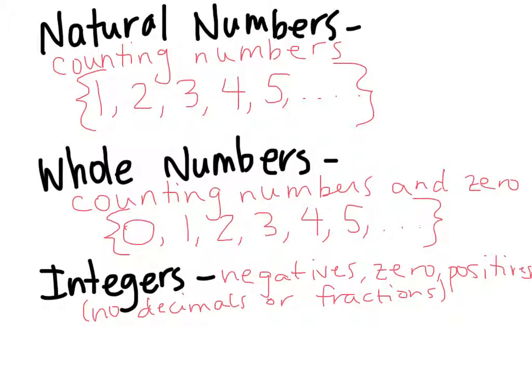The only thing we remember with integers is it does not include any decimals or fractions. So our integers, we put dots at the beginning, and then they're -3, -2, -1, 0, 1, 2, 3, and so on. They go on and on in both directions, and those are a group of integers.